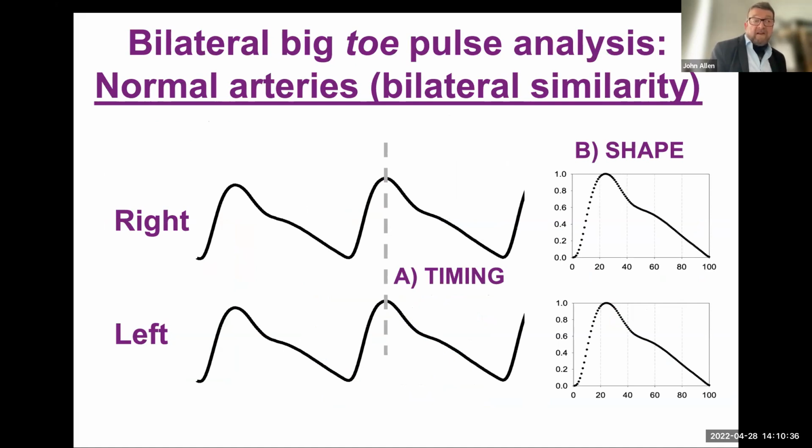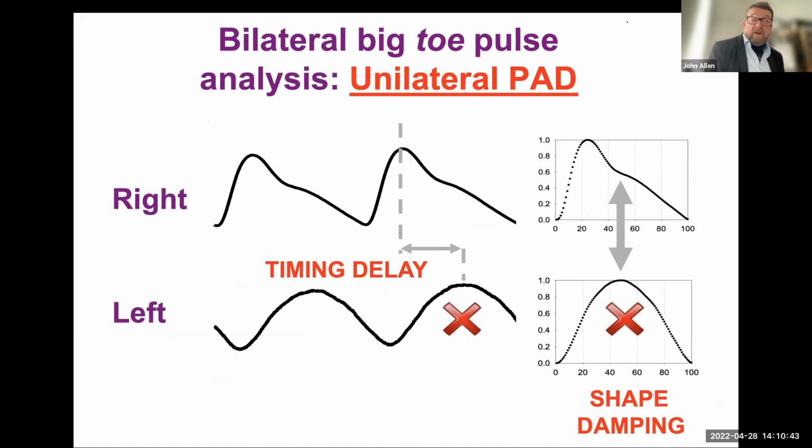The pulses are not identical right and left, but they're very similar in shape and timing in normals. With someone who has a blockage in an artery on one side, a unilateral disease, one side is unaffected and the pulse on the other is clearly damped, almost like a sine wave. The eye can see this from cheap-as-chips, roughly £5 sensor technology.